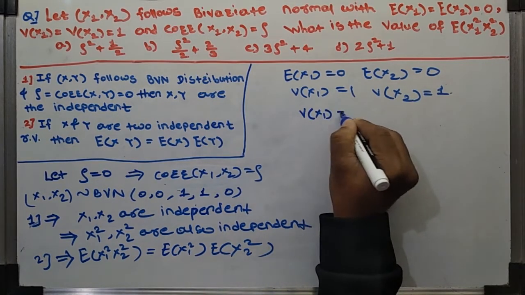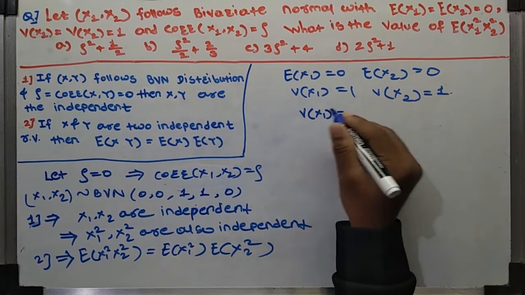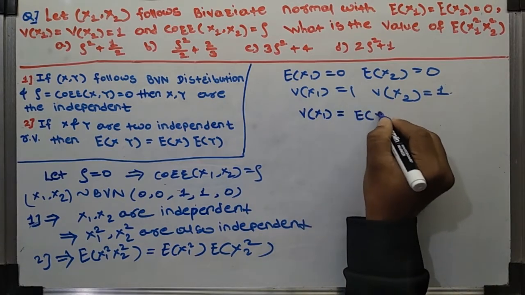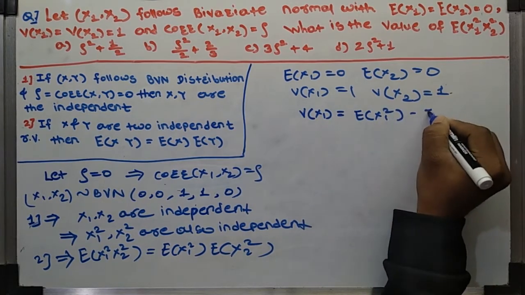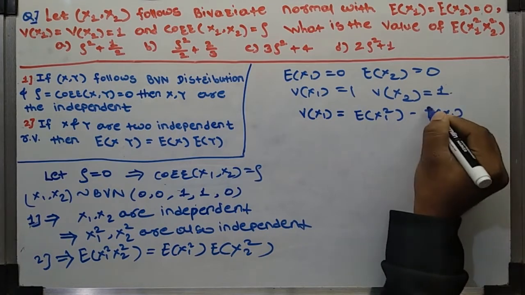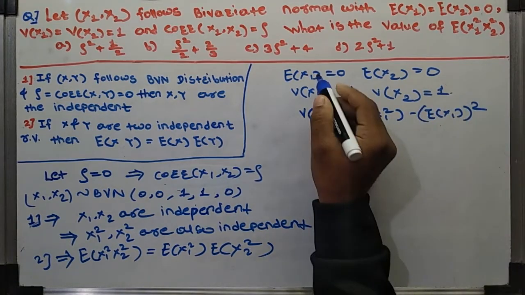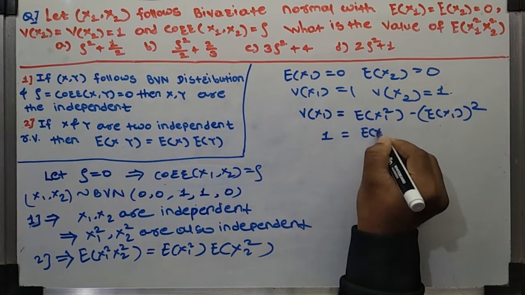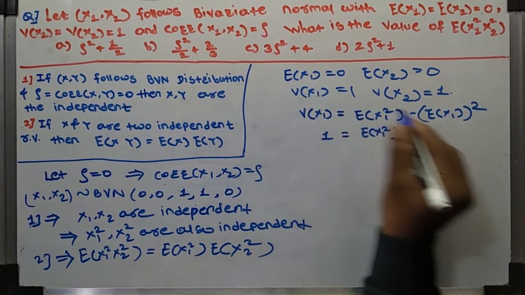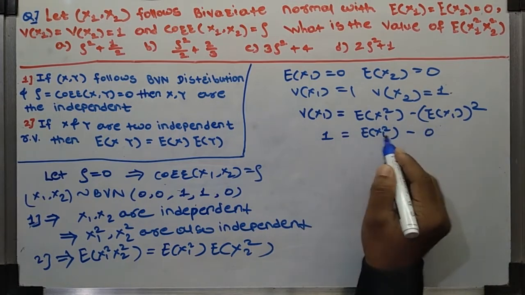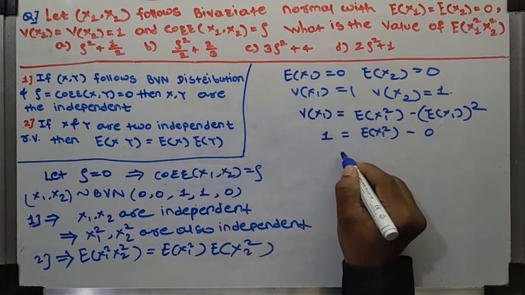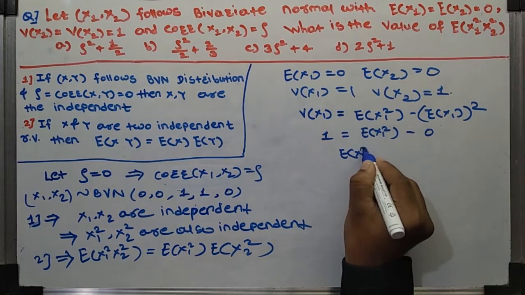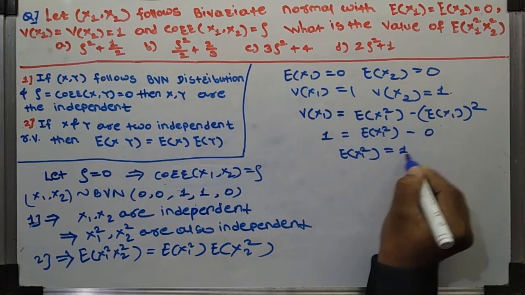By the definition of variance, variance of X1 is equal to expectation of X1 square minus expectation of X1, whole bracket square. So variance of X1 is 1, which is equal to expectation of X1 square minus expectation of X1, which is 0. These values are given in the question, so expectation of X1 square is equal to 1.